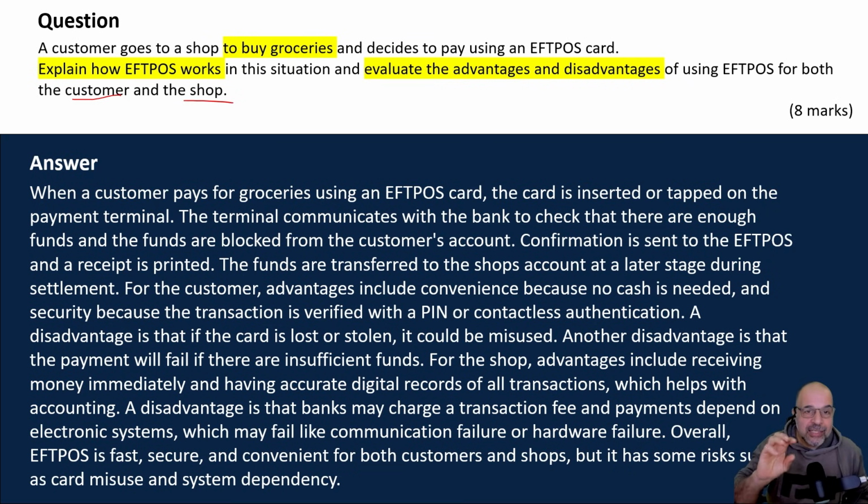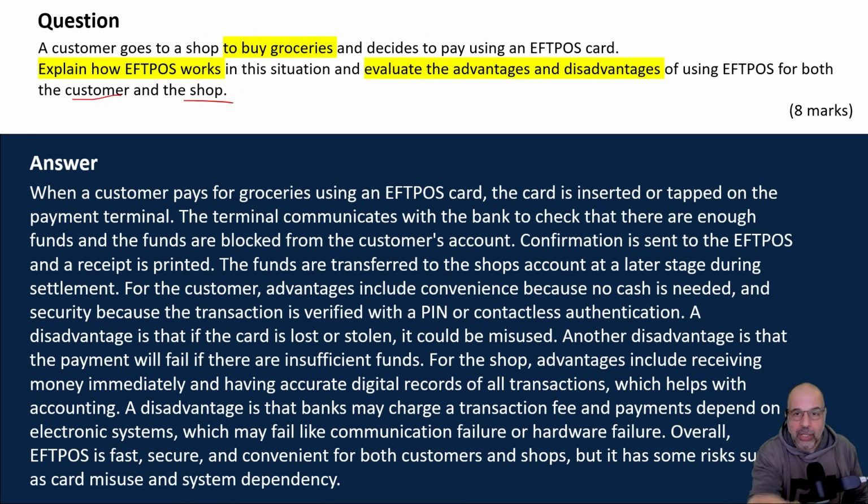So again, this is a question and answer to help you understand this topic. So here's my answer. When a customer pays for groceries using EFTPOS card, the card is inserted or tapped on the payment terminal. Now remember, the EFTPOS card is a card, a credit card or a debit card, because you're able to transfer funds electronically at the point of sale. In other words, at the point where you take goods and you give currency.